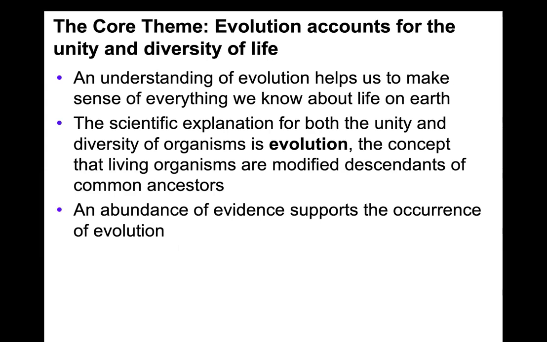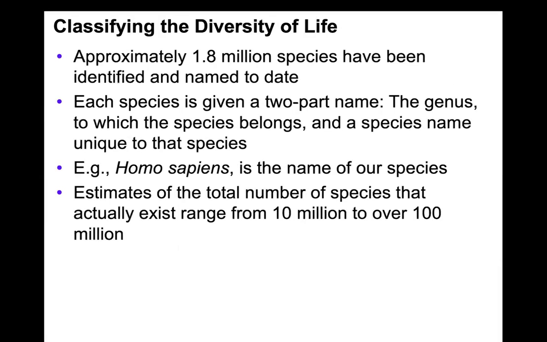An abundance of evidence supports the occurrence of evolution. And essentially, we can trace back base pair changes in the DNA, where we have seen changes in protein products, which have led to changes in how cells adapt to or react to certain environments.